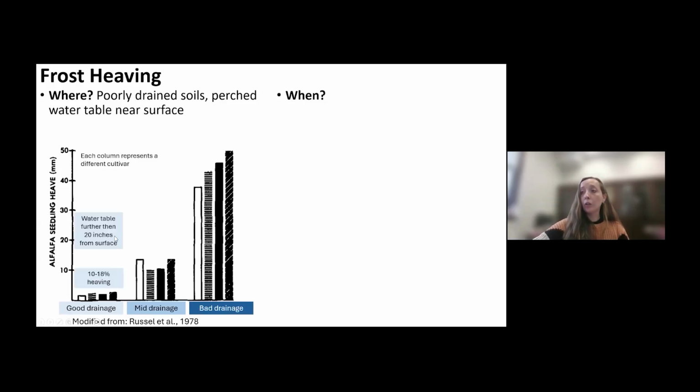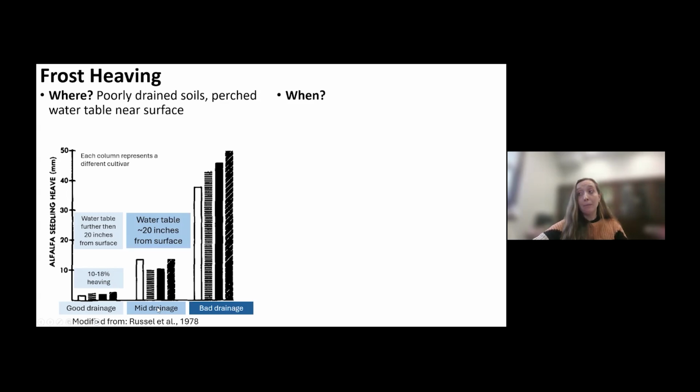So when you have good drainage, so the water table was 20 inches or further down from the soil surface, the heaving was a lot lower, so the distance between the soil surface and the alfalfa crown was smaller, and it was a lesser percentage of the stand that suffered that heaving, less than 20%.